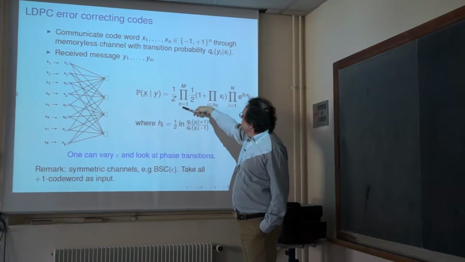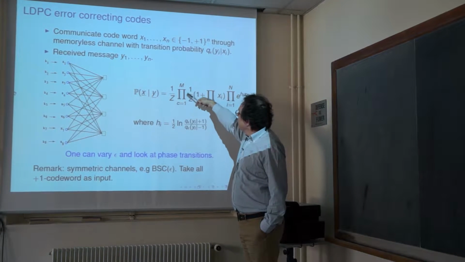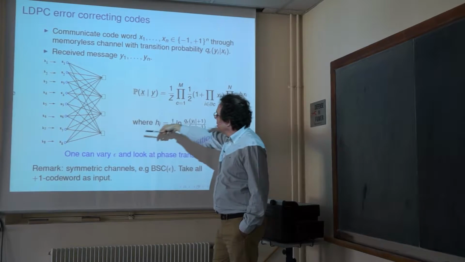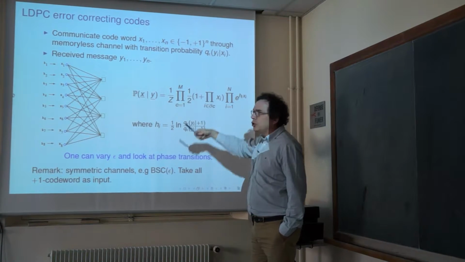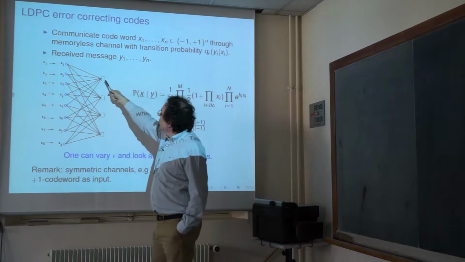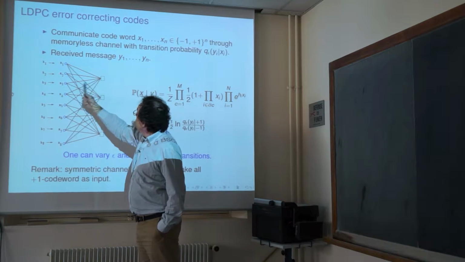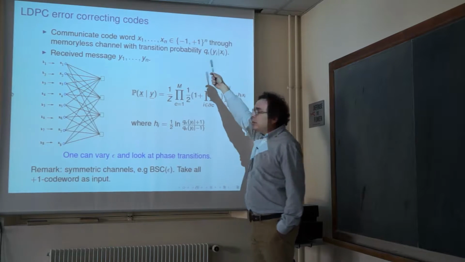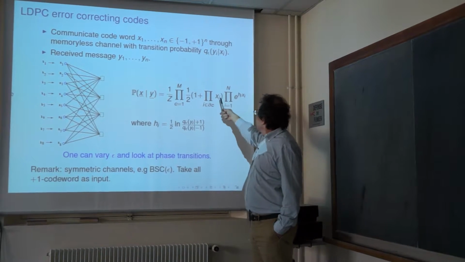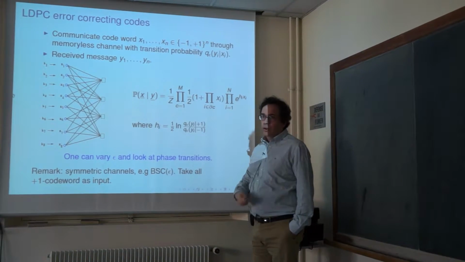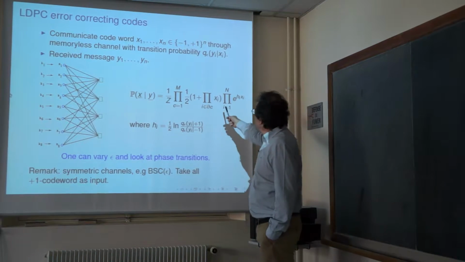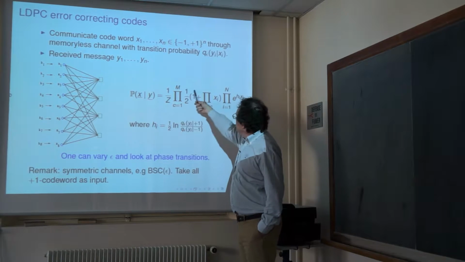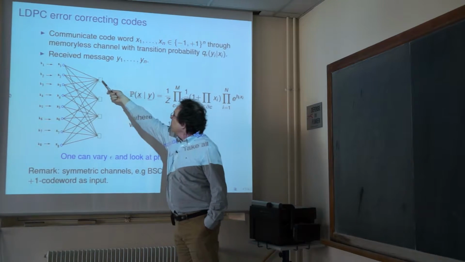I have a product over all checks of the code that go from 1 to m, so all these squares. Each check constrains a certain number of bits that are attached to the check. The constraint in the ±1 language is that the product of the bits is equal to 1. That's the indicator function that says that the check is satisfied.